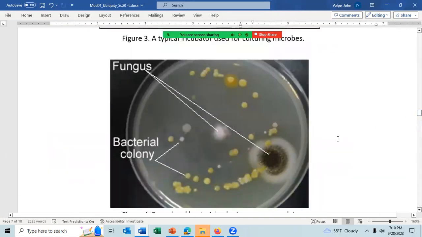So here, there's too many to count. And it would be very hard to count them here. But in this region there, so we're talking about the colony abundance here. 1, 2, 3, 4, 5, 6, 7, 8, 9, 10, 11, 12, 13, 14. So there's 13 or 14 colonies in this region of the plate here. So that would be the abundance.